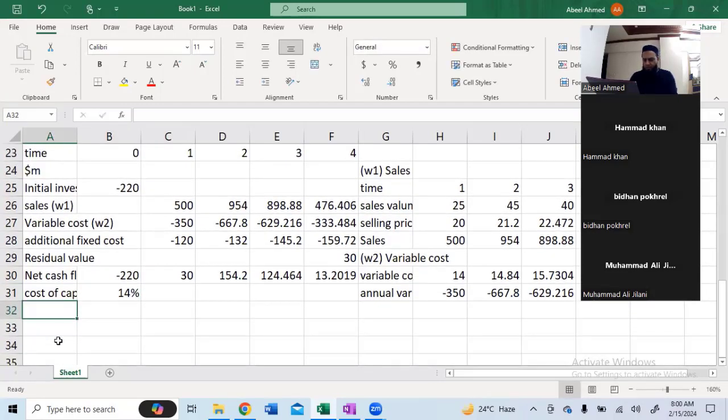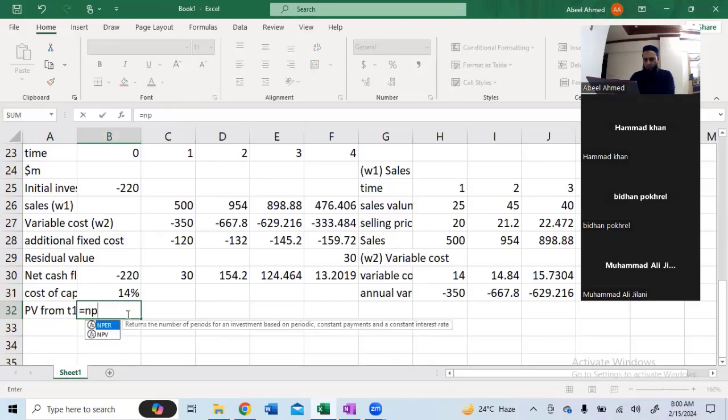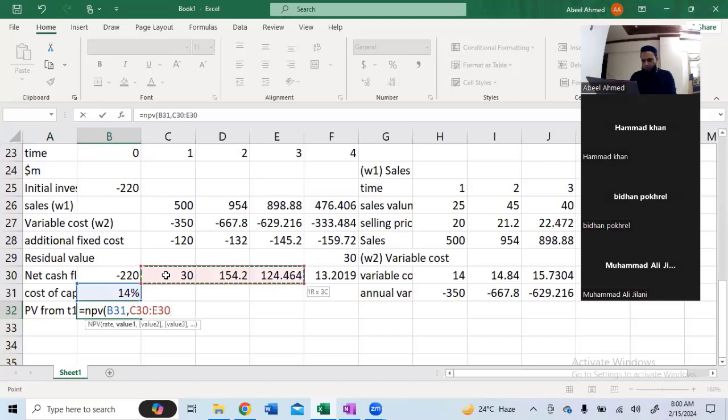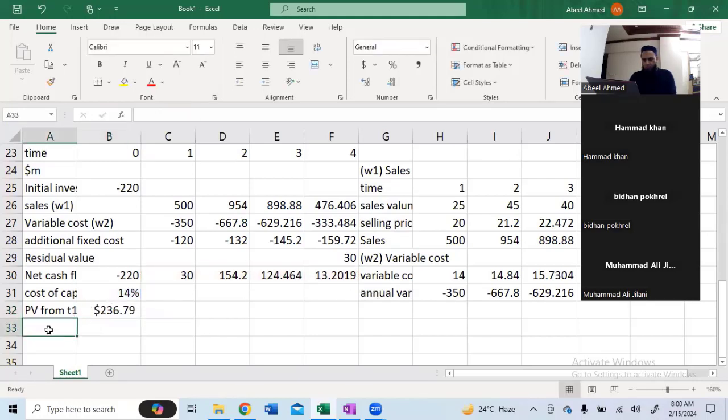Let us calculate present value from T1 till T4. NPV. Take the rate, comma, all the cash flows. Can I say less initial investment?